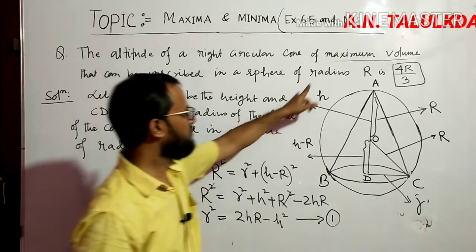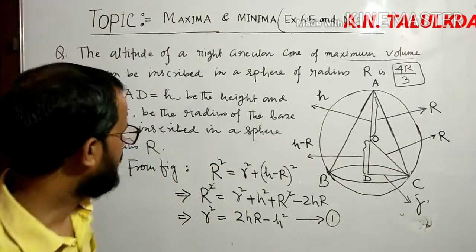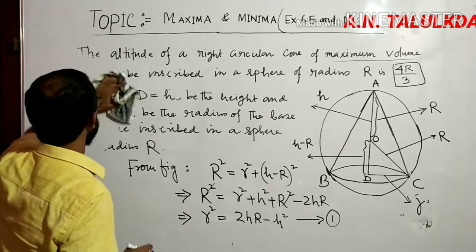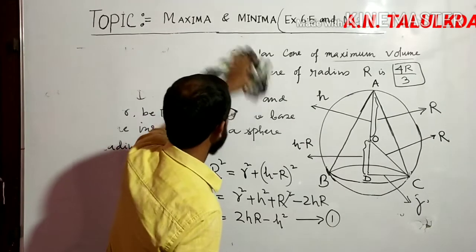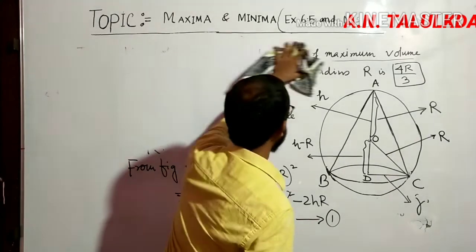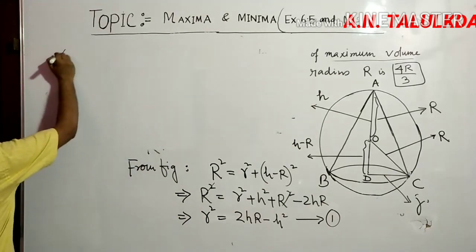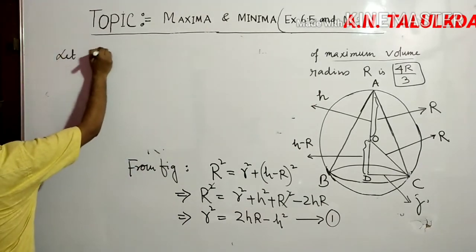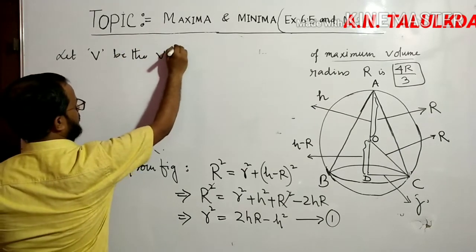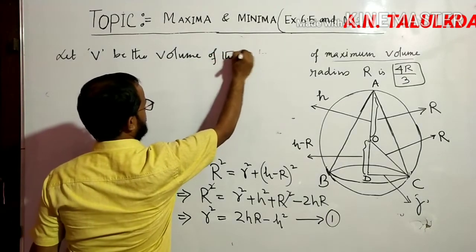Now we need the maximum volume. So first we write the formula for the volume of the cone. Let capital B be the volume of the cone.